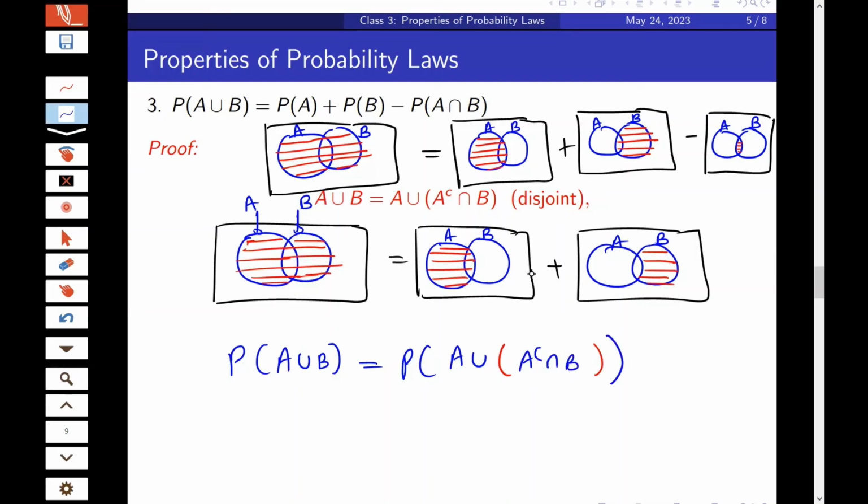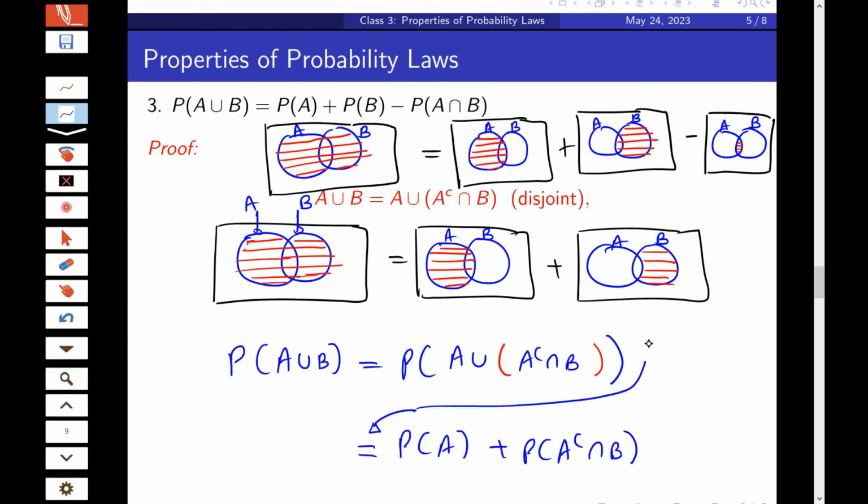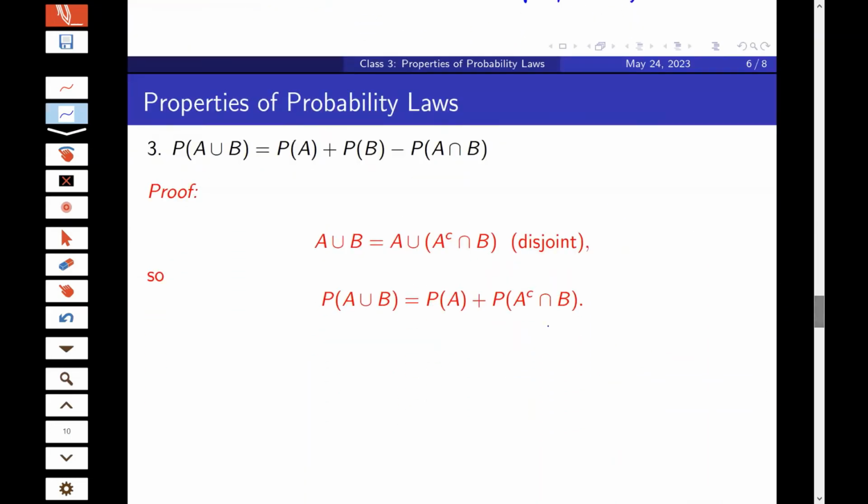Since these two are disjoint, I can write probability of A plus probability of A complement intersection B. This is because A and A complement intersection B are disjoint sets. That's how you get this step.